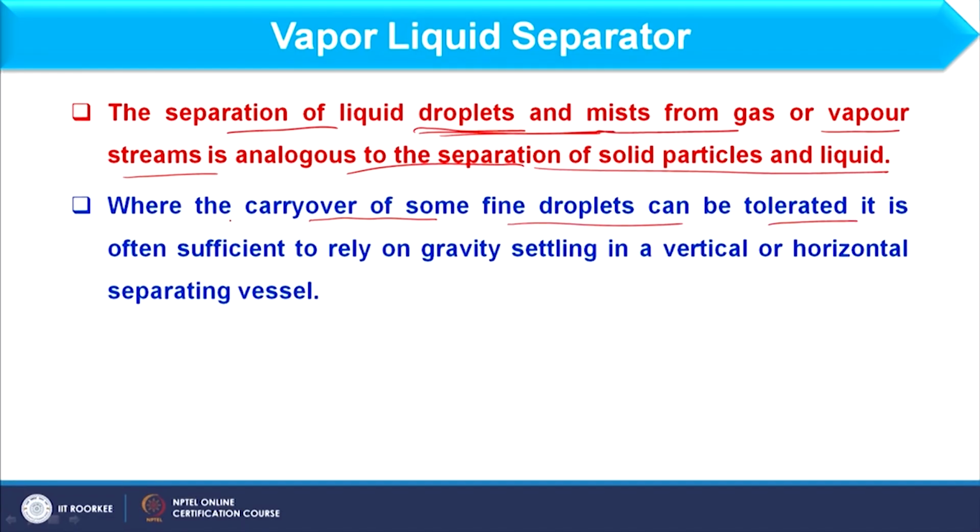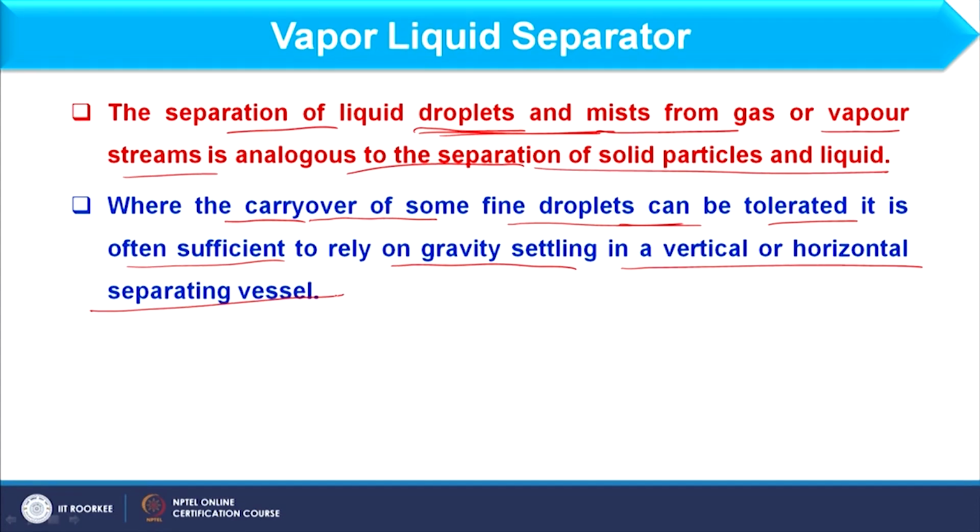So, in a vapor liquid separator, where the carryover of some fine droplets can be tolerated, it is often sufficient to rely on gravity settling in vertical or horizontal separating vessels. Here, when I told you that liquid is moving downward, that happens with the help of gravity, so we consider it gravity settling.